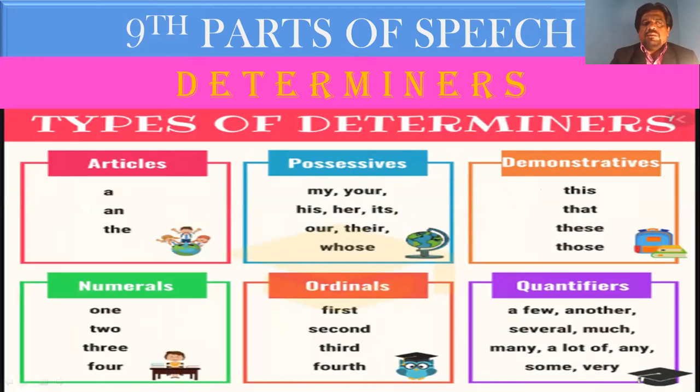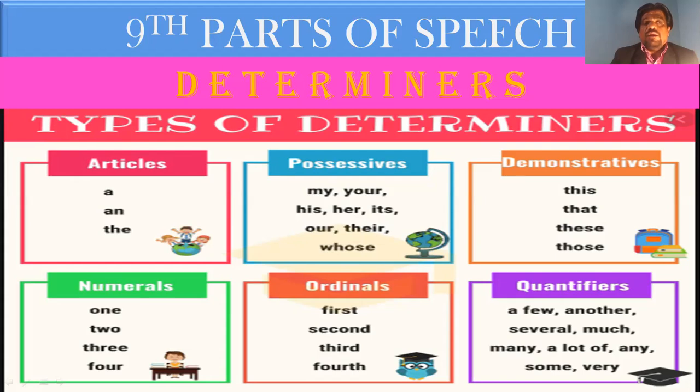Articles: a, an, the. Possessives: my, your, his, her, our, their, whose, all these. And then demonstratives, which earlier we could call demonstrative pronouns: this, that, these, those.